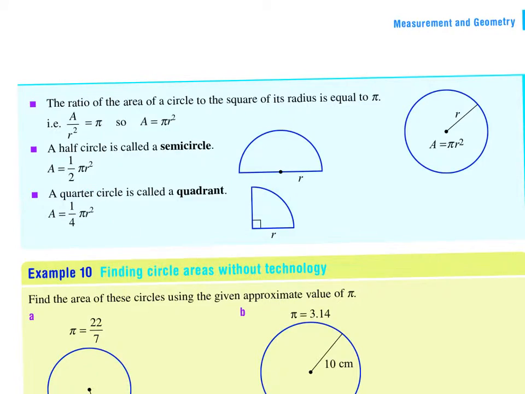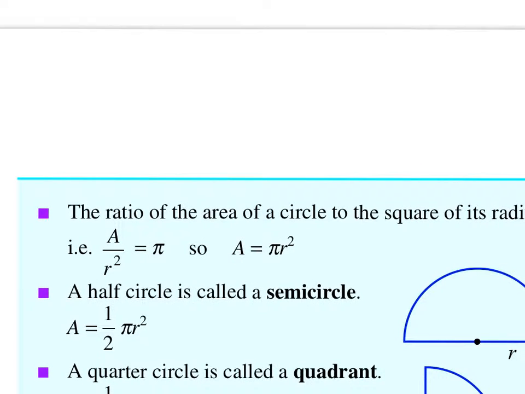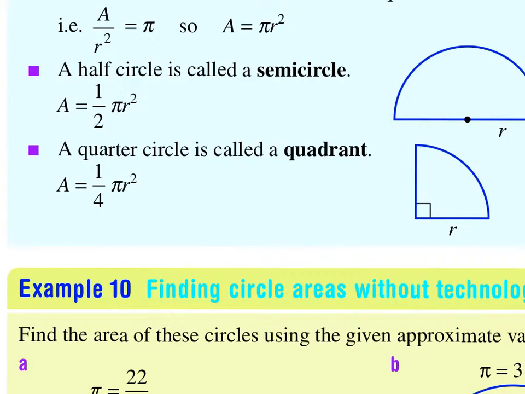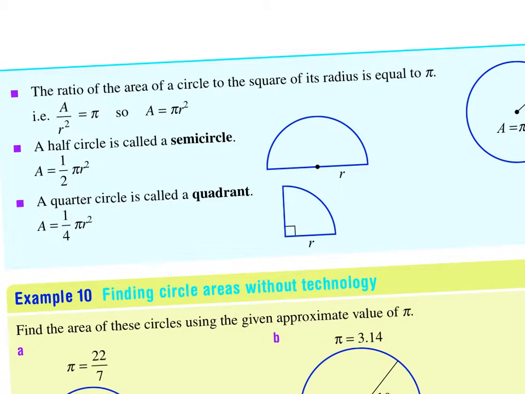Now, you've probably already guessed it, but I'll get it out of the way if I can. Try and guess what equation you would use to calculate a quarter of the circle. You guessed it, a quarter times pi r squared. What do you think? Pretty straightforward?